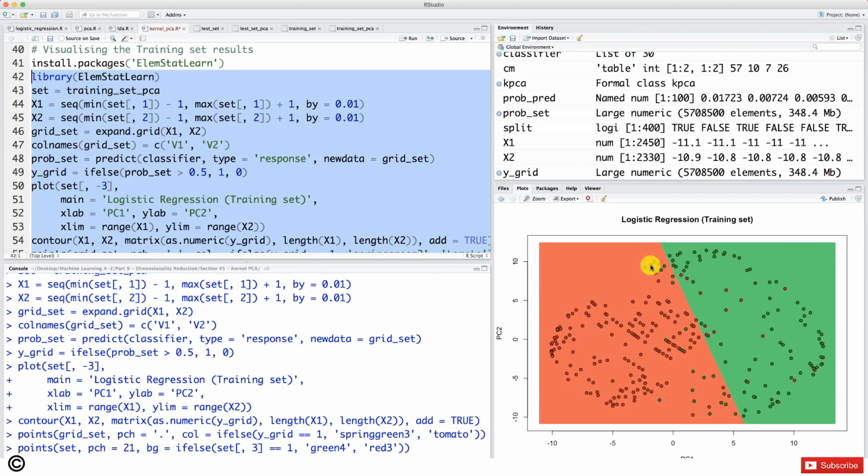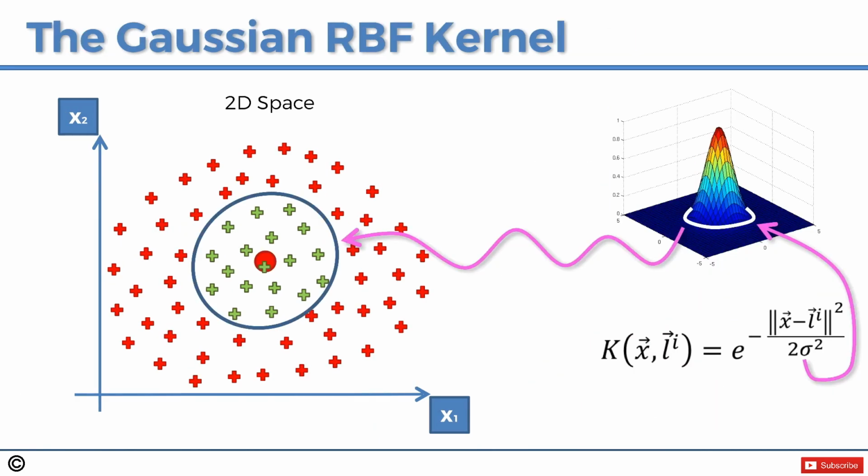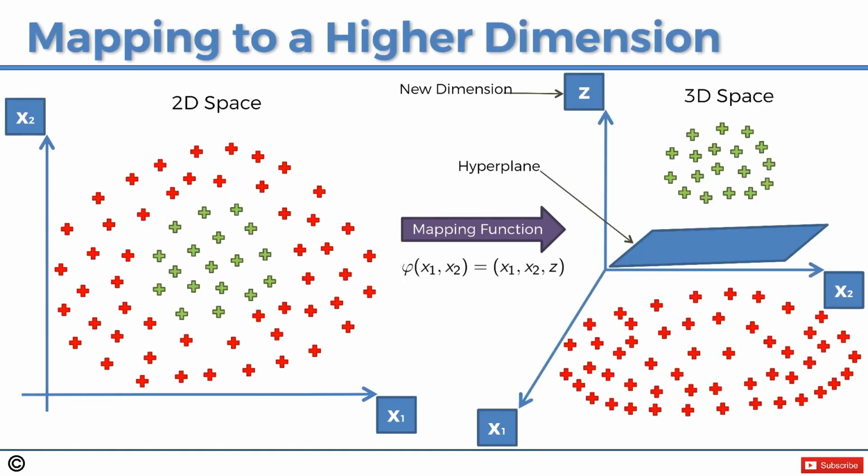Because indeed we have this very simple results here with these two classes separated by this straight line, but what happened behind the scenes is that our original dataset in our original feature space was mapped to a higher dimension using the kernel trick to avoid too highly compute-intensive computations. And then by mapping our dataset in the original feature space to this higher dimension, well, first that created some new dimensions, and mostly that created a new feature space where our data was then linearly separable.